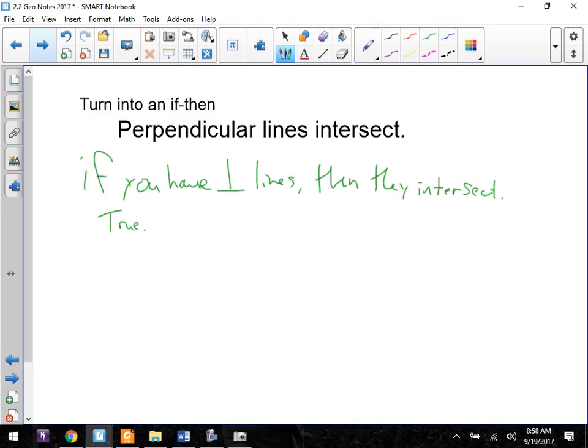Okay. Now, let's flip-flop it. So we went with hypothesis, conclusion. P implies Q. Let's try something different. Write it as Q implies P. Flip-flop the hypothesis and the conclusion.